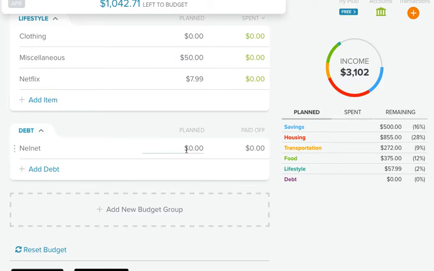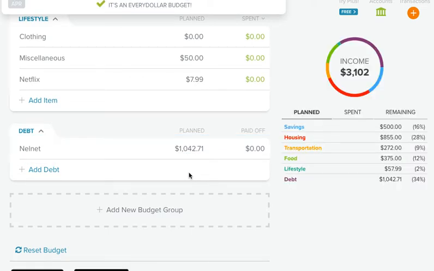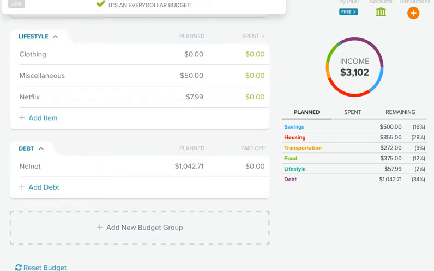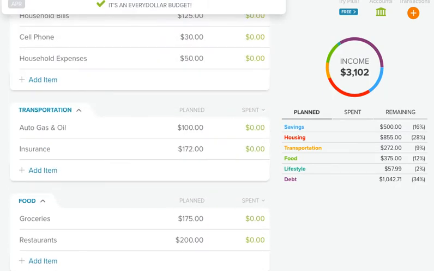I'm not big on going out and things like that, so it's a plus to be able to pay so much to debt. All right, that looks pretty good. I like how everything is basically organized by categories.